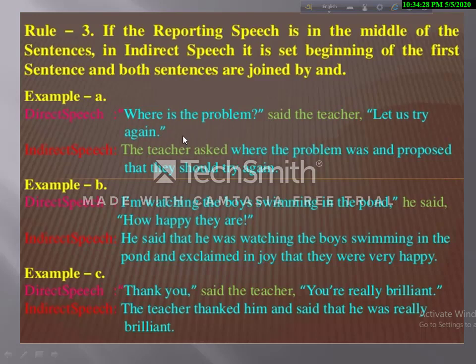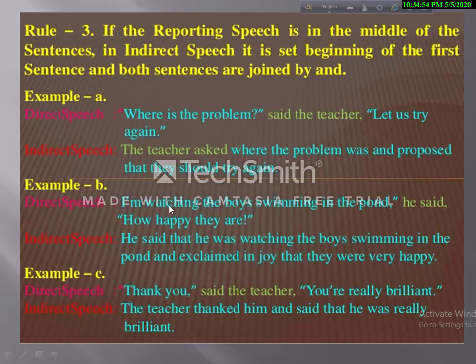So what will be its answer? The teacher asked where the problem was and proposed that they should try again. You may also write it in this way: The teacher asked where the problem was. Full stop. And he also proposed that they should try again.